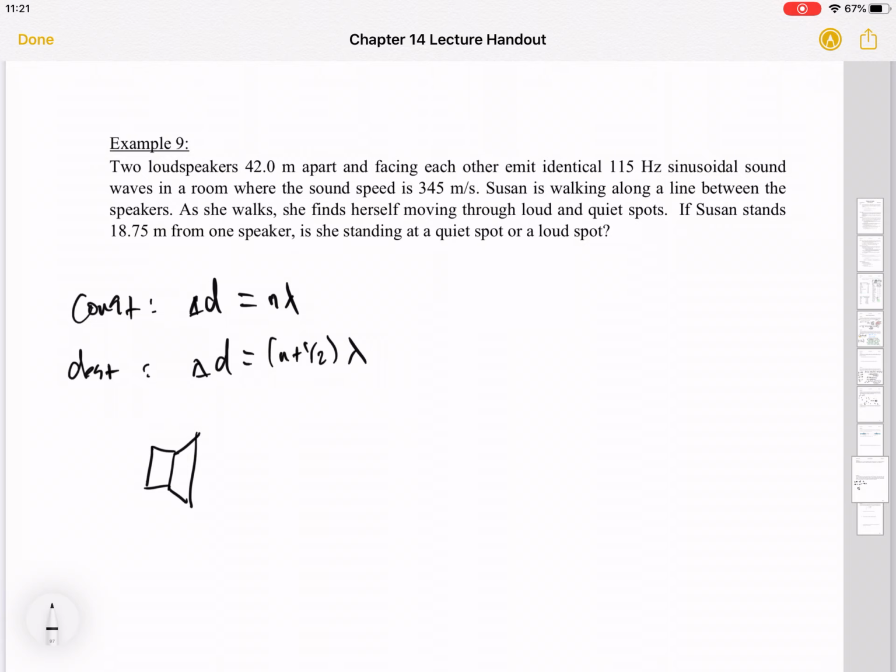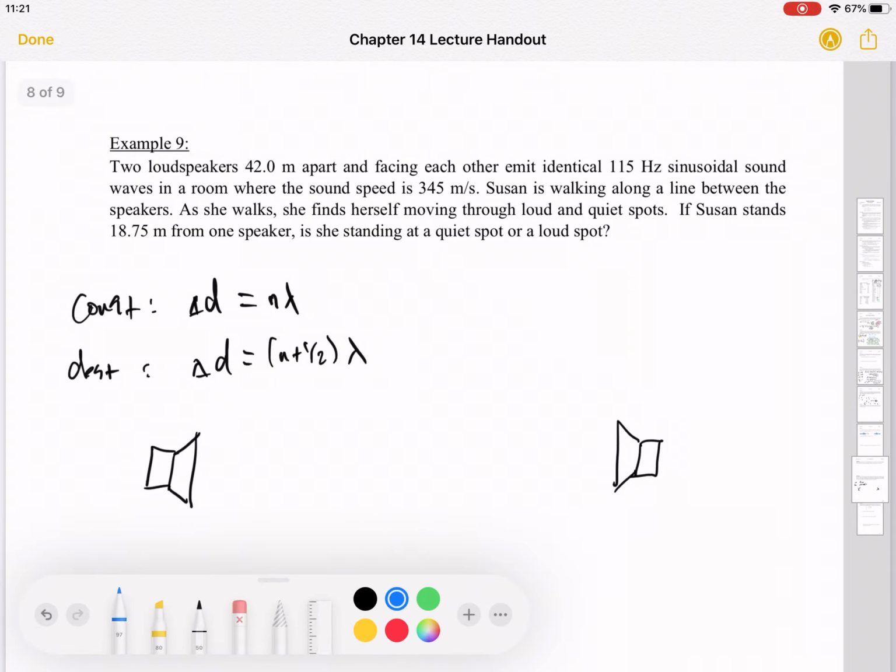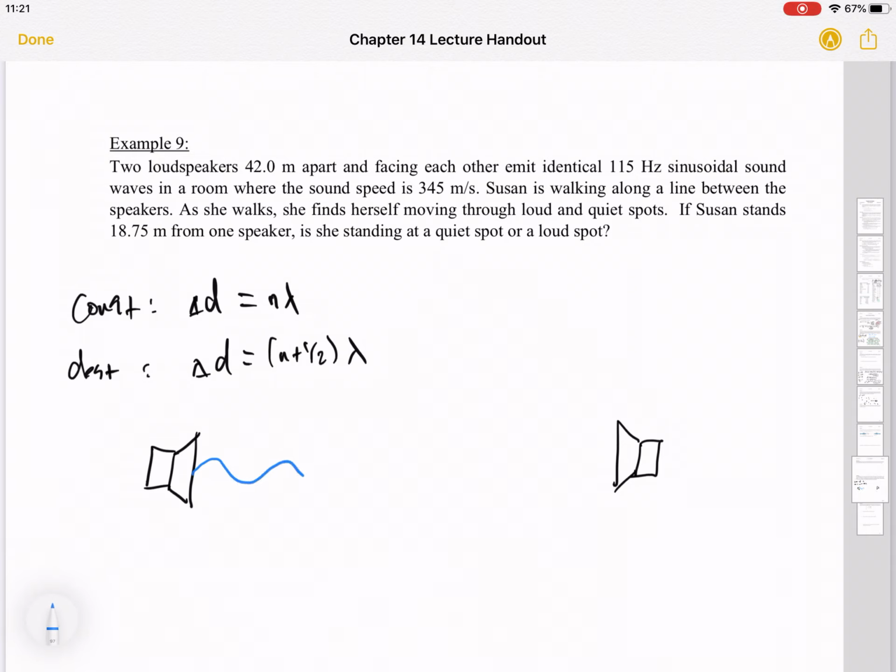So there's one speaker and the other speaker is sitting over here. And they're each emitting this 115 hertz sinusoidal sound, and they're emitting presumably in phase, meaning when this speaker is emitting a peak, this speaker is also emitting a peak.